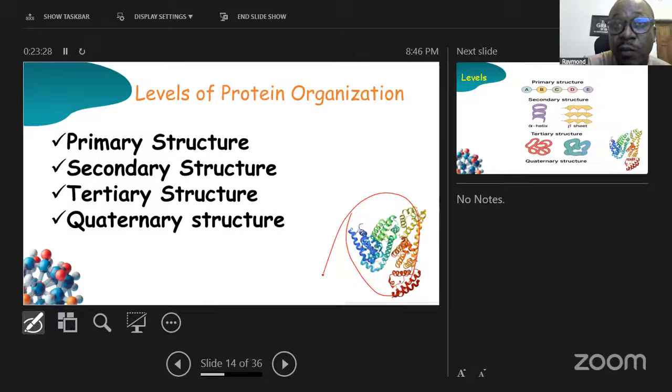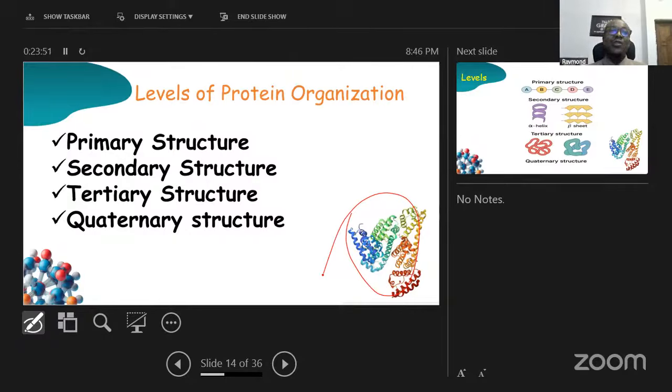You have ones in blue ribbon, right? For the blue, there are about 6 different alpha helices joined together. That is called a tertiary structure, 2 or more secondary structures linked together. So that's what we'll talk about as the tertiary structure.